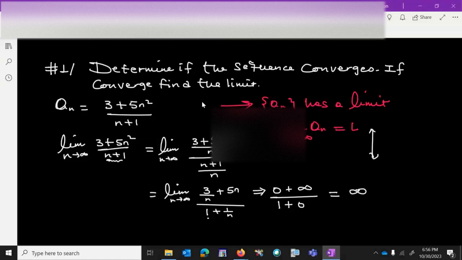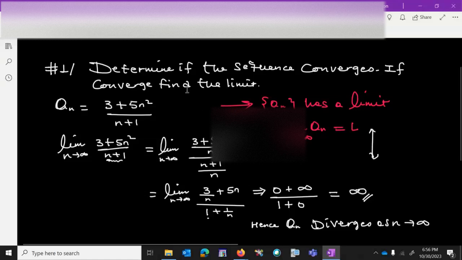So I can conclude that, hence, the series S sub n diverges as n approaches infinity, as n goes bigger and bigger and bigger, the whole sequence diverges because my answer is infinity here. So this is how you find the limit, and then based on that you decide the convergence and divergence.